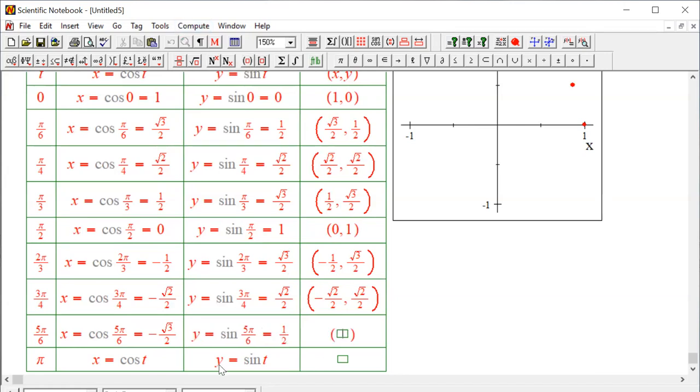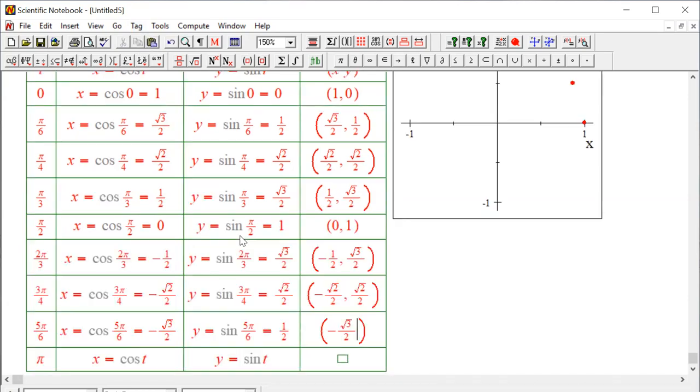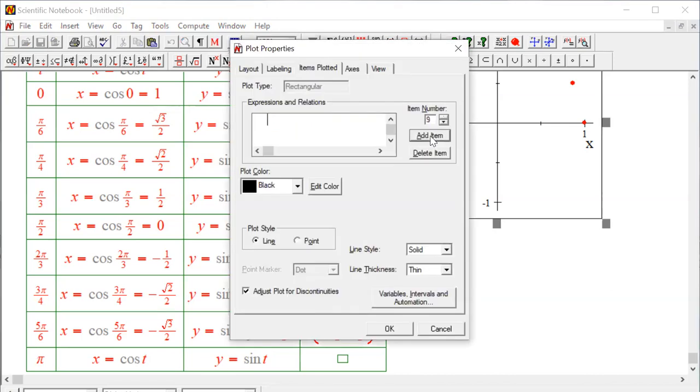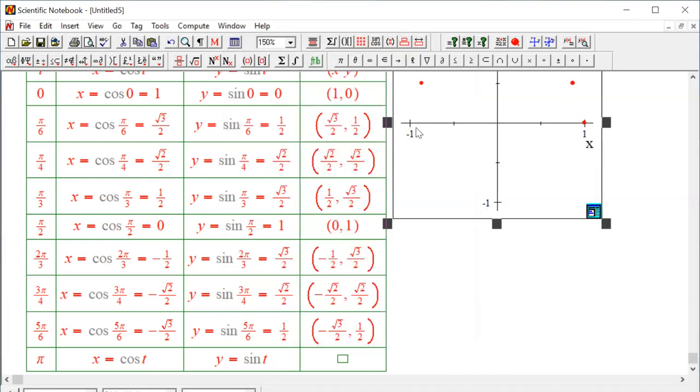And we got negative root 3 over 2, positive half, and we get another point on the graph. You can see the direction is pretty obvious. Right, the direction is very obvious.